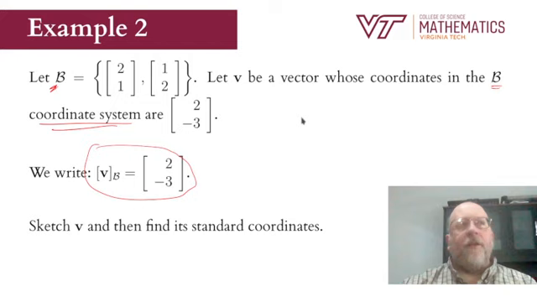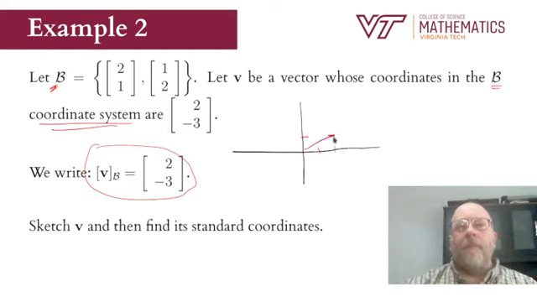But let's go ahead and sketch this out. This is my standard axes, but these are my new basis vectors. So our first vector, B1, is 2, 1. And my second vector, B2, is 1, 2.